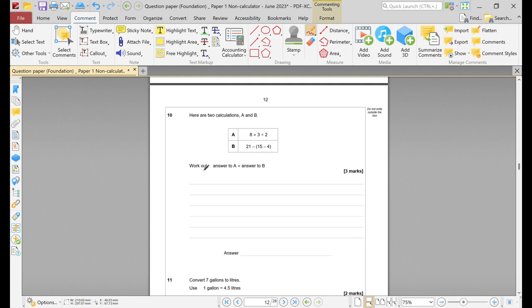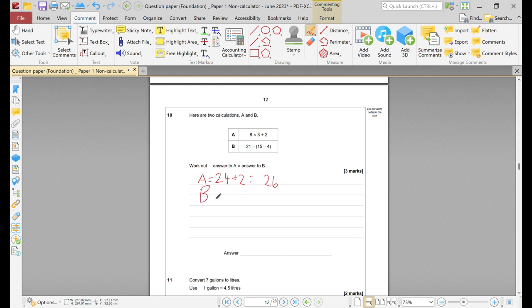Two calculations, A and B, work out A times B. Or A is what? 8 times 3 plus 2. So 8 times 3 is 24, plus 2 is 26. So A equals 24 plus 2 equals 26.